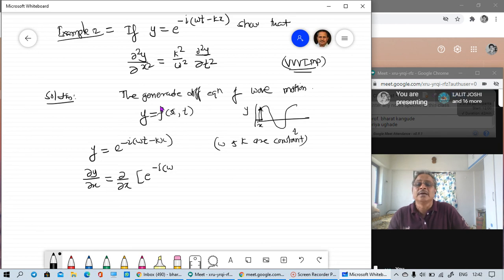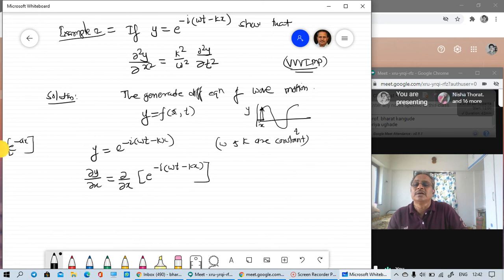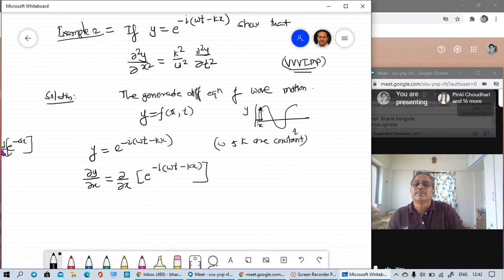In general आपण नेहमी कसं काढतो, e raised to minus ax याचं डिफरन्शियल जर तुम्हाला विचारलं d by dx of e raised to minus ax, so what we do, this minus a comes out into e raised to minus ax as it is. So this exponential function remains as it is, and whatever is in the power, that constant comes out with its sign, so minus a into e raised to minus ax.